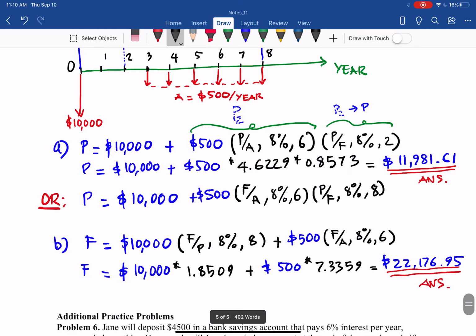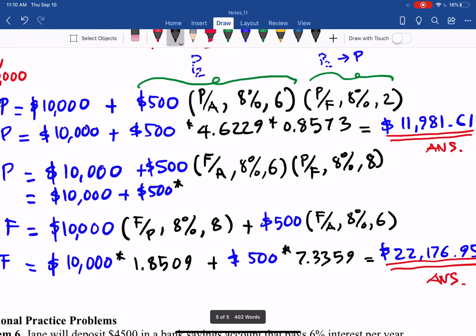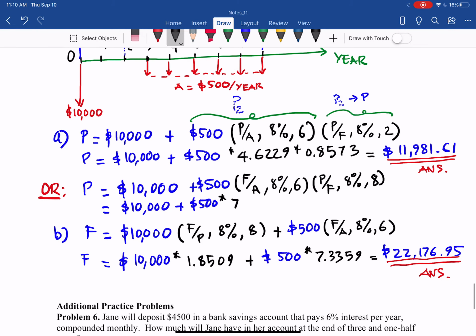And that should get the same answer. So we have 10,000 plus 500 times this factor, which you already have in part B, F over A, 8%, 6, which is 7.3359.